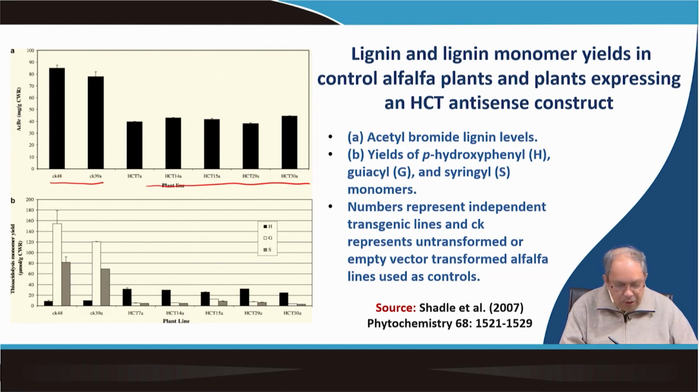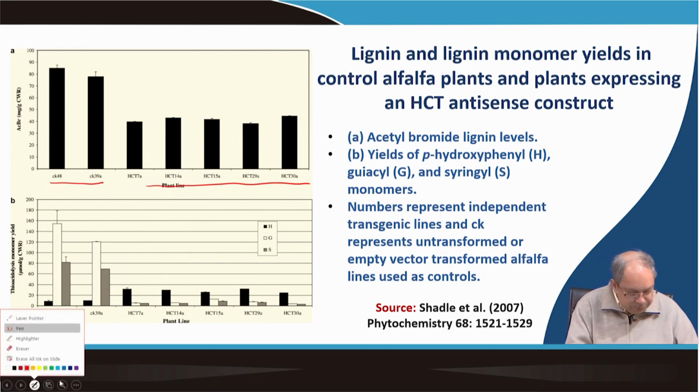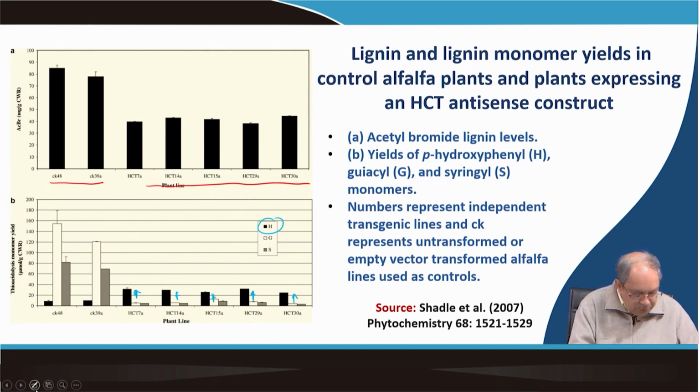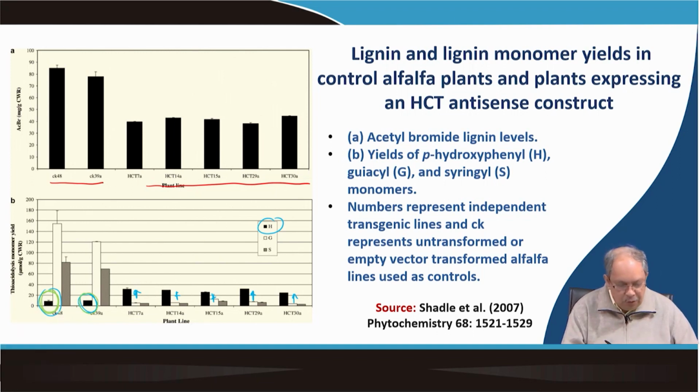As you see here, in the transgenic line, the yield of H is more than that of the control, the black one, whereas the others are suppressed.